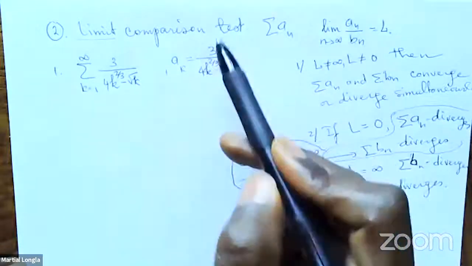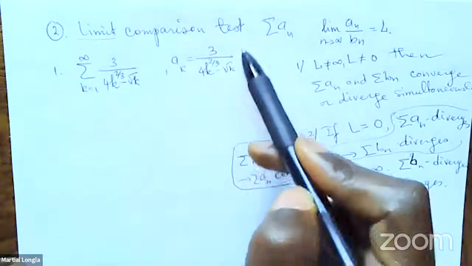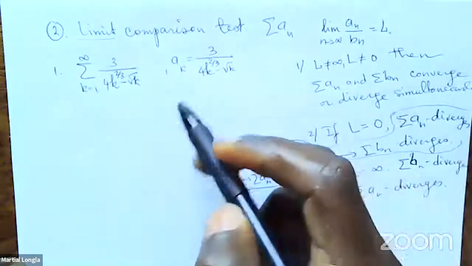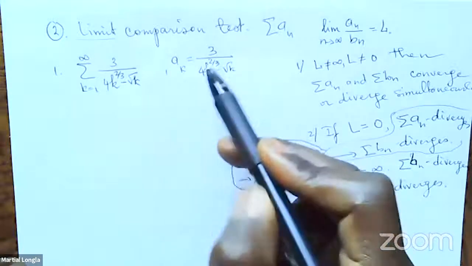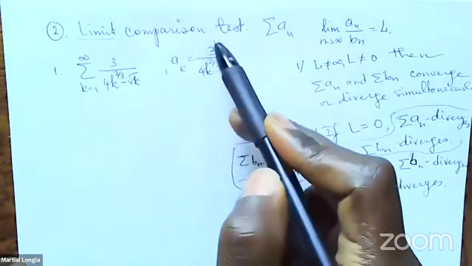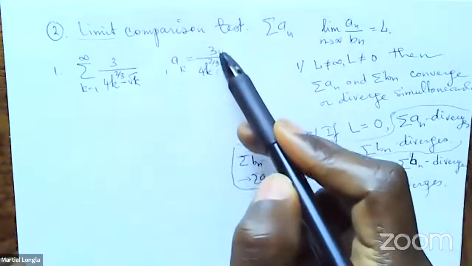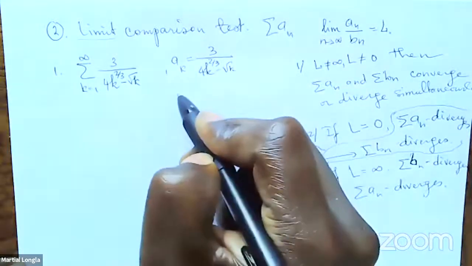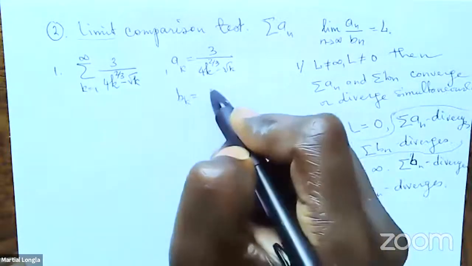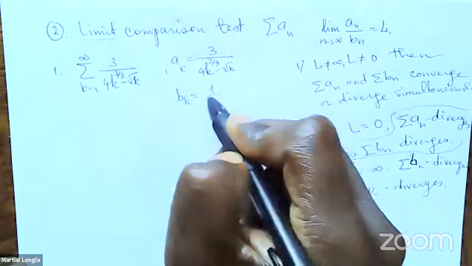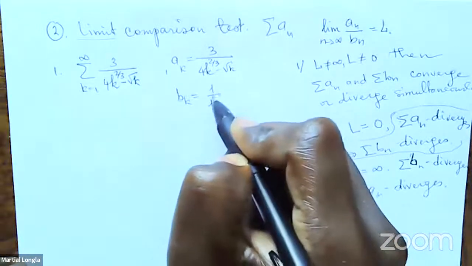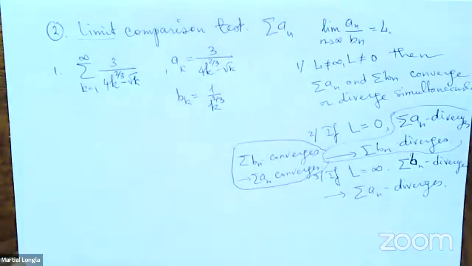Then we think of how this a_k behaves as k goes to infinity by taking the largest powers of k for the top and the bottom. Here it's 3 over that. So we would be thinking b_k as 1 over k^(2/3).